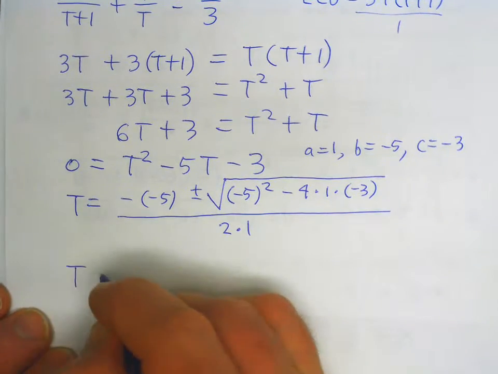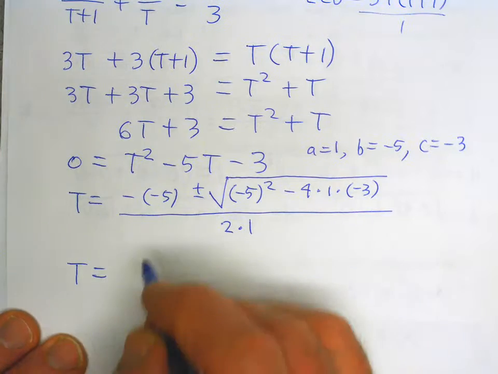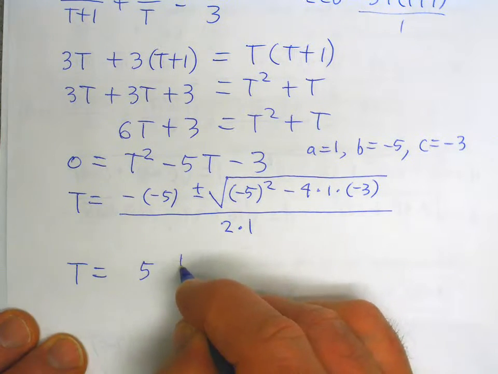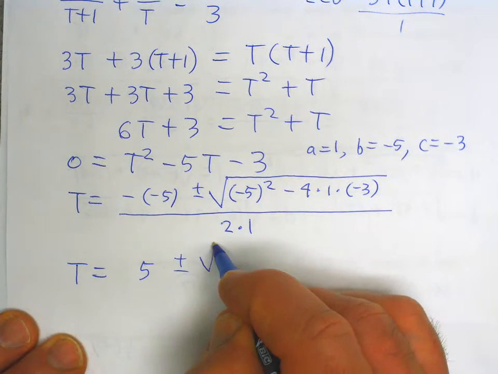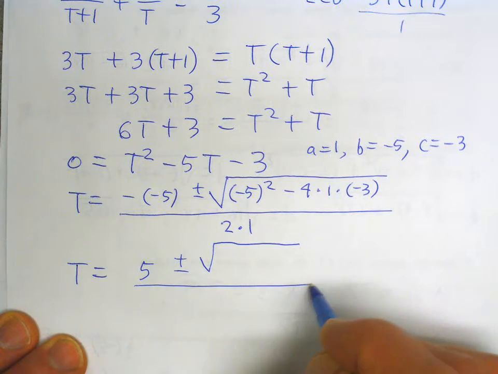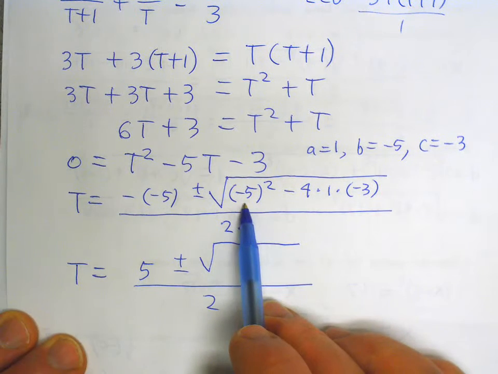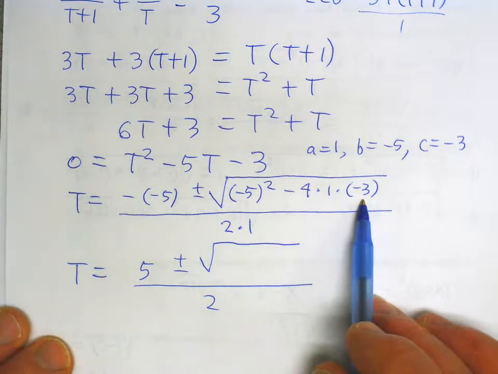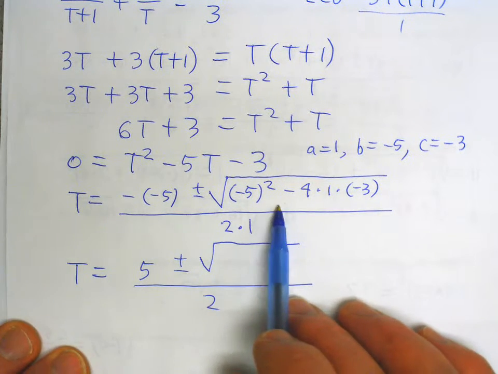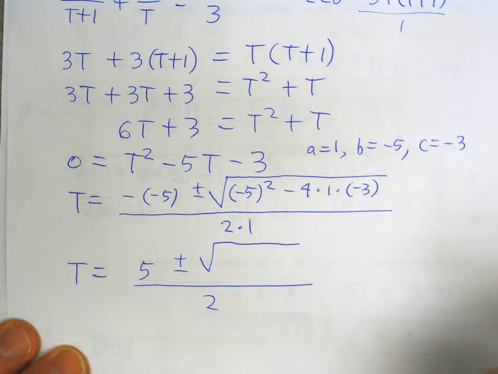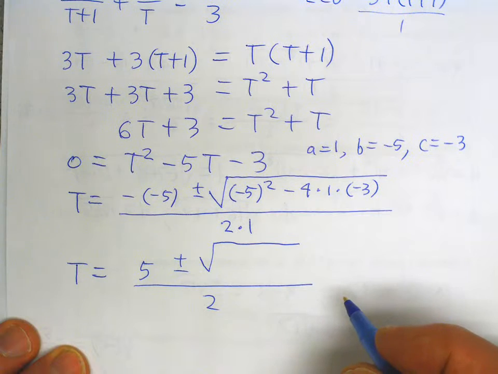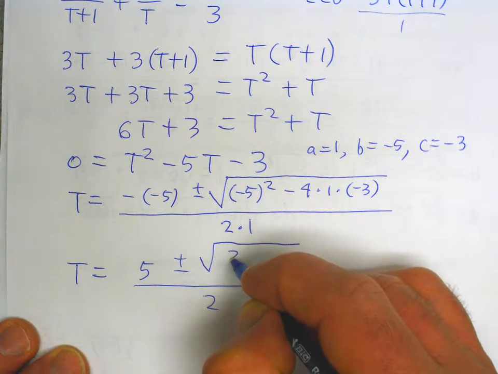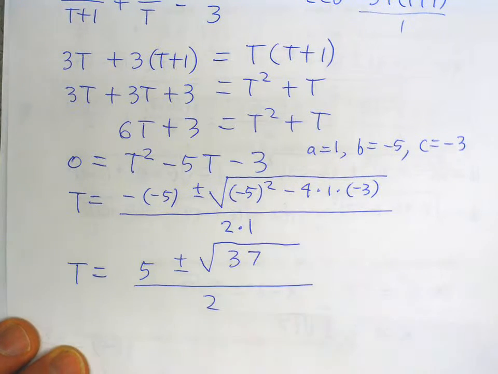And then we get t equals 5 plus and minus the square root of 25 minus 4 times 1 times -3. So this is 25 minus -12, which is 25 plus 12, or square root of 37.